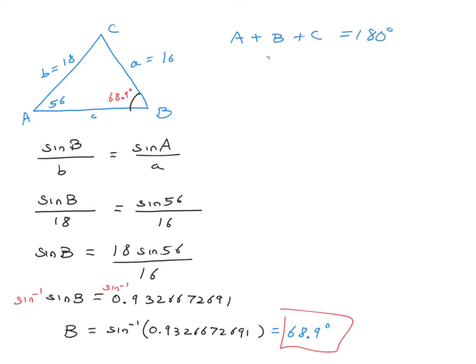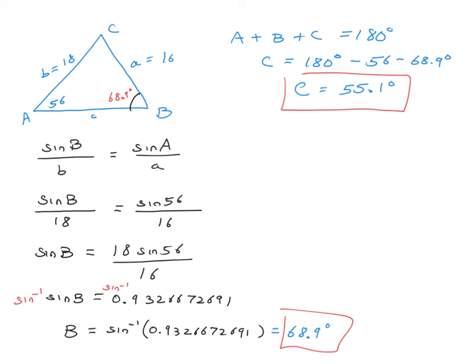The only thing I don't know is C, which means I can take 180 degrees, subtract off A, and subtract off B. And the measure of angle C, which I get again from my calculator, is 55.1. You might round only to the nearest whole number, but this is fine too for this problem.